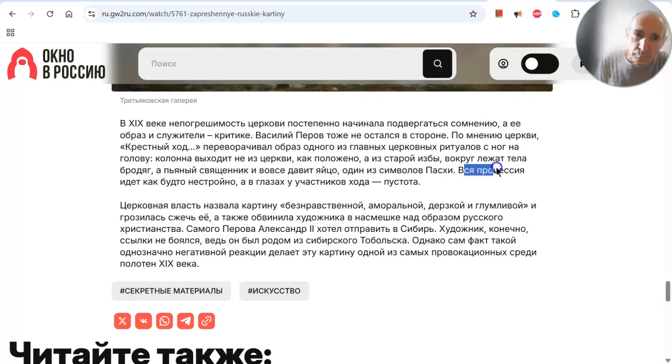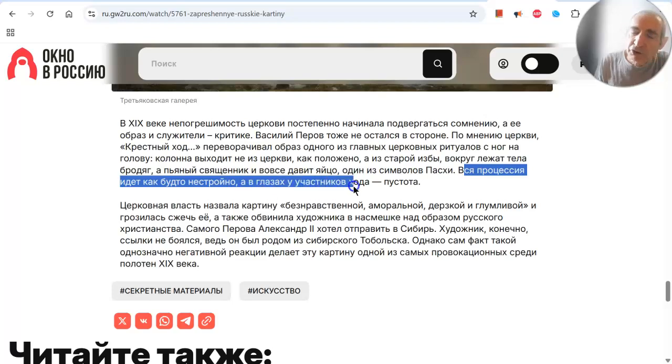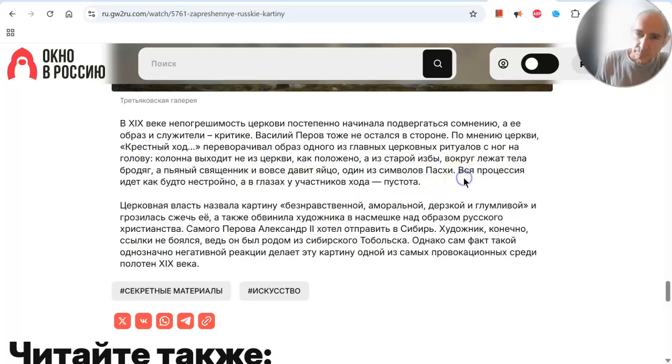Вся процессия идет как будто нестройно, а в глазах у участников хода пустота. So all the procession goes как будто, as if. So нестройно would be in disorderly fashion. Because you remember, I think I explained it, that o at the end of Russian words oftentimes means adverb, like in a certain way. So in a disorderly way.